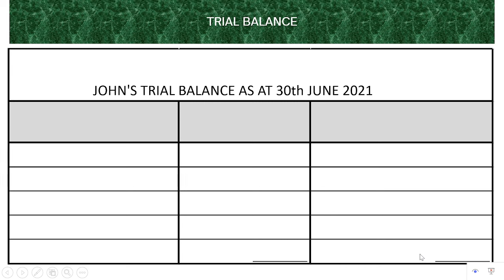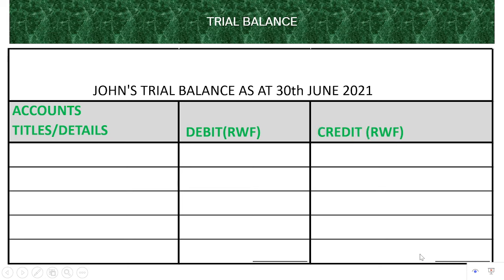Using the previous information, John's trial balance. Remember that we have the ledgers, the account titles, account details, debit, credit. For us to be able to prepare the trial balance, we need to take information from the ledgers. The balances from the ledgers have to be transferred here to the trial balance.